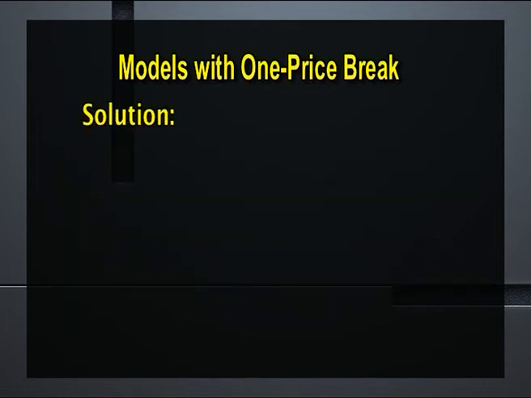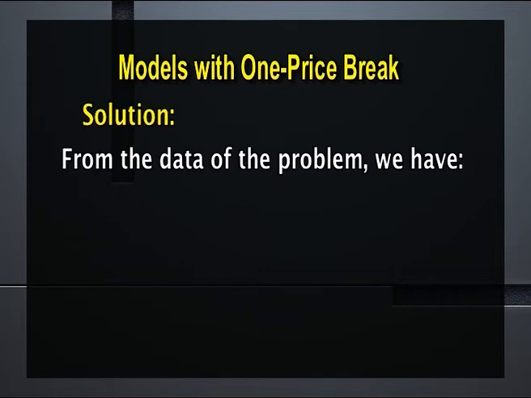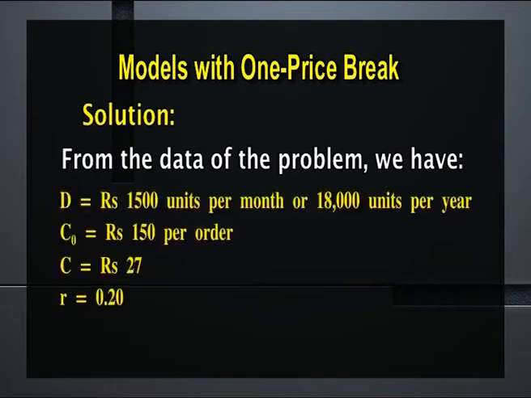Now coming to the solution. From the data of the problem, we have D equal to 1500 units per month or 18,000 units per year, C naught equal to ₹150 per order, C equal to ₹27 and R equal to 0.20.